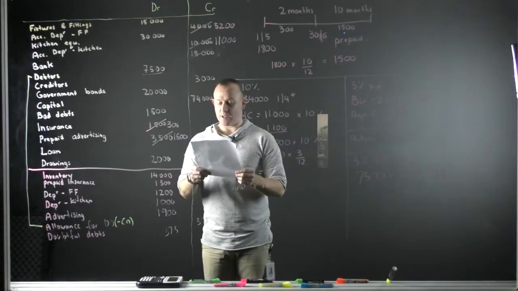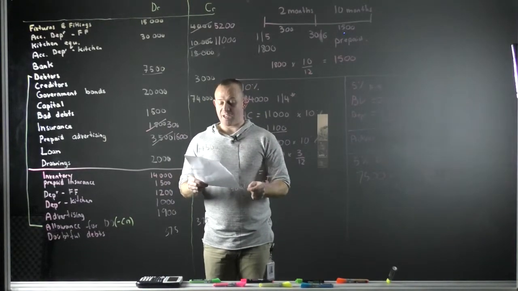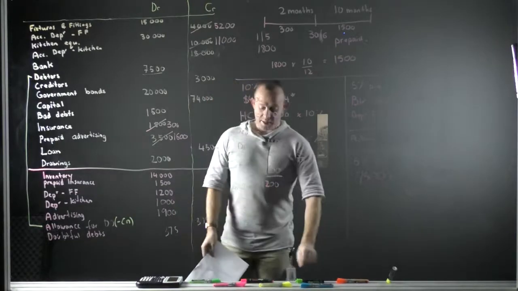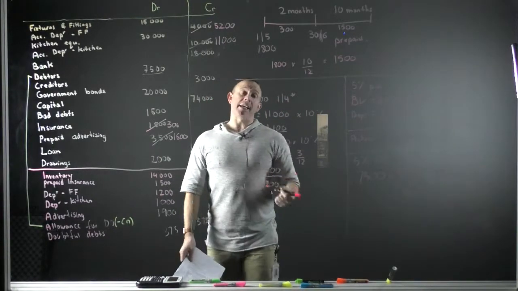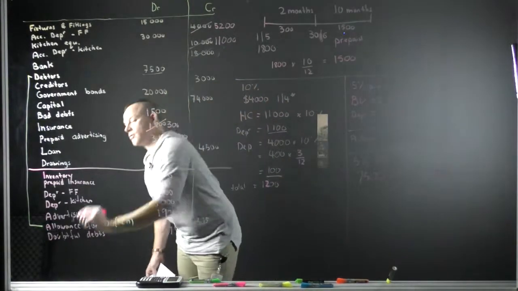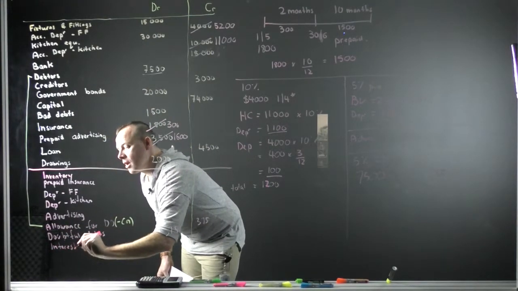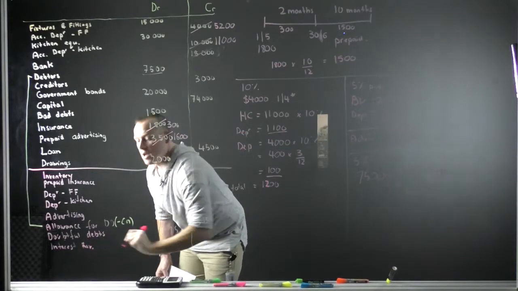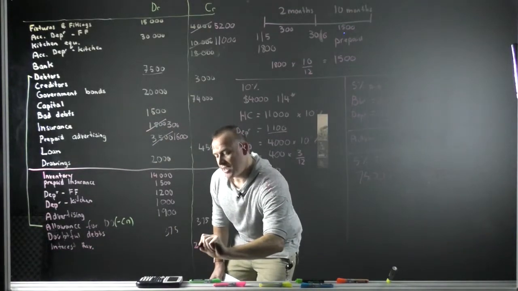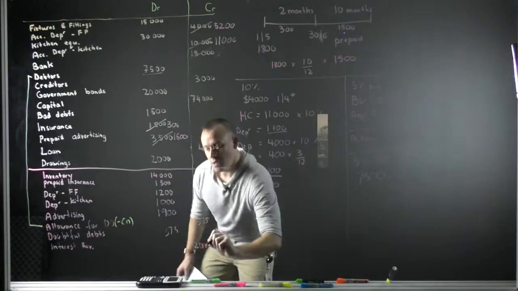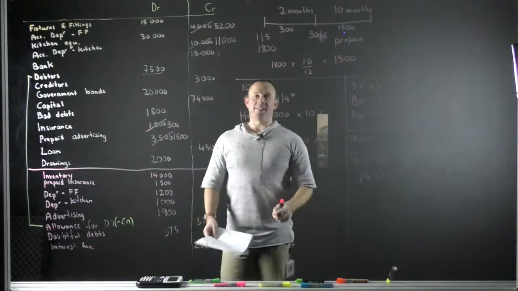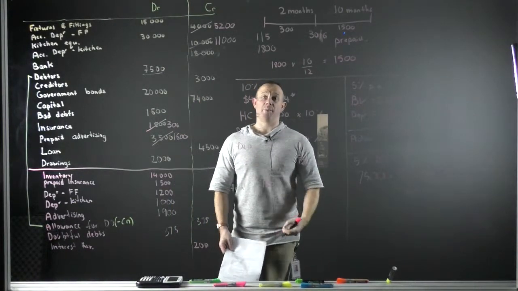And the last transaction, $200 interest from government bonds is owing. So this here is interest revenue of 200, so we need to record that in our income statement. And the other part, it says it's owing to us. So we have not received it, but we have earned it.